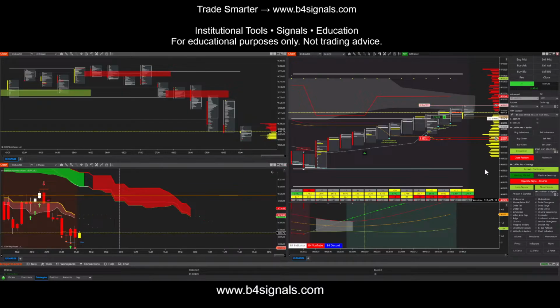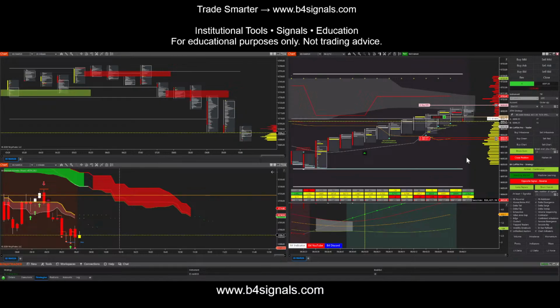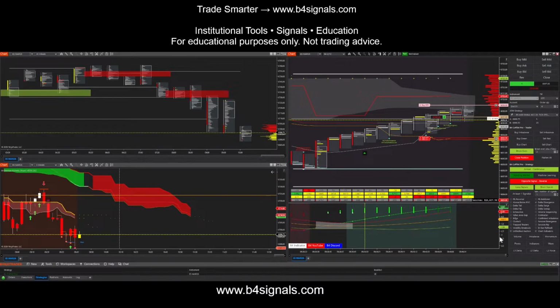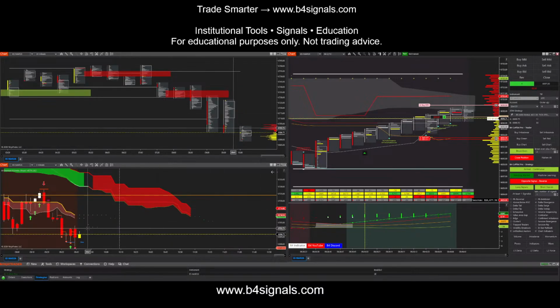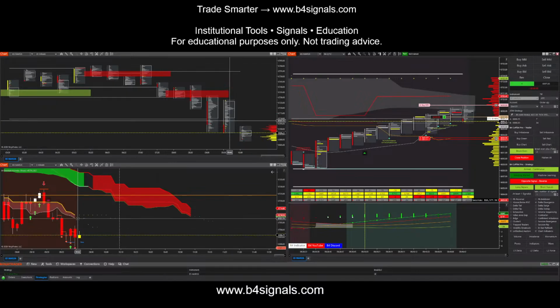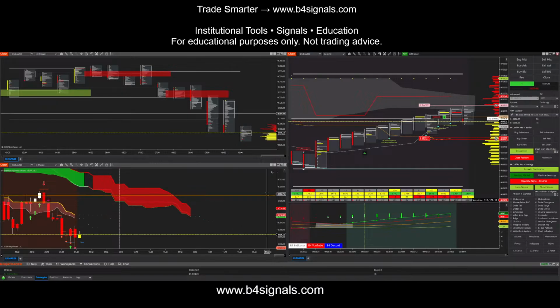Order submitted. We have room here on the lower B4 indicator for that. Of course, here we have plenty of room overhead for that to happen.